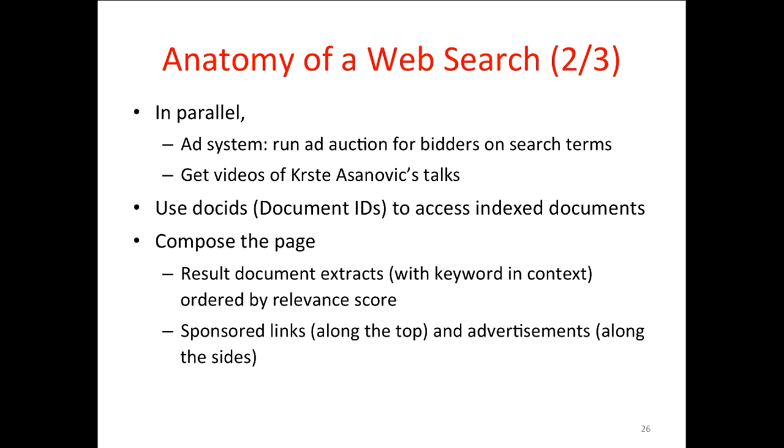And then finally, it composes the return page by getting the documents from the document servers. The list is ordered by the relevance score, and it also has sponsor links and advertisements to make a profit.